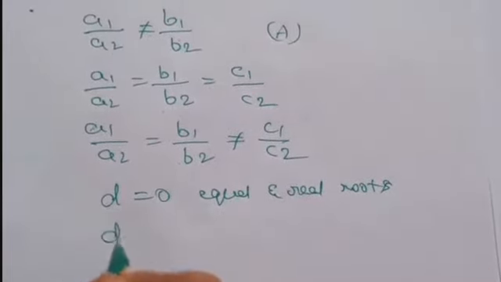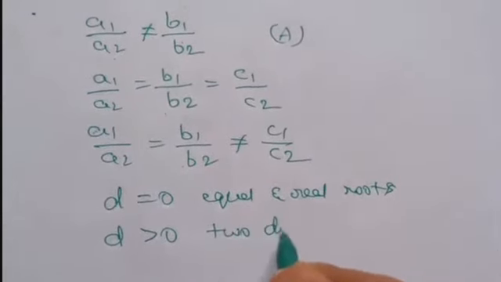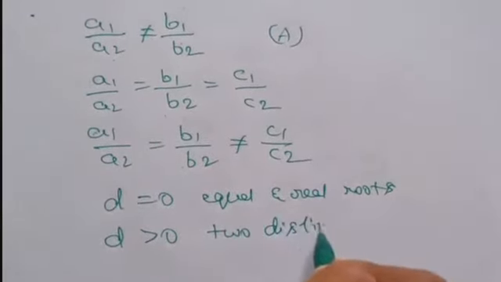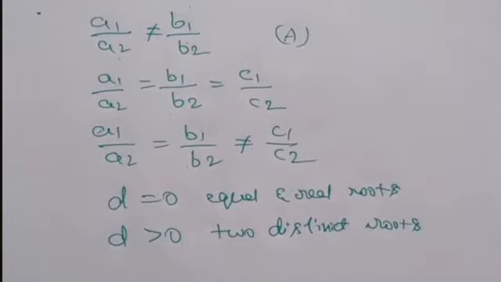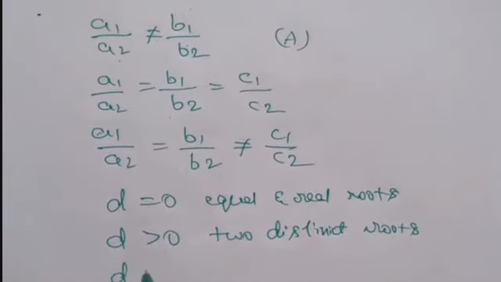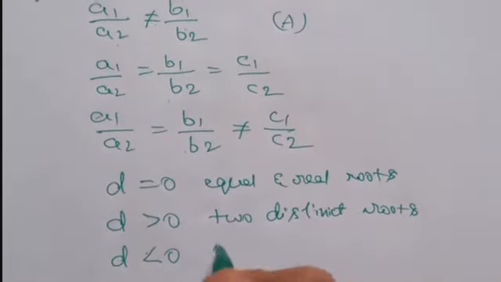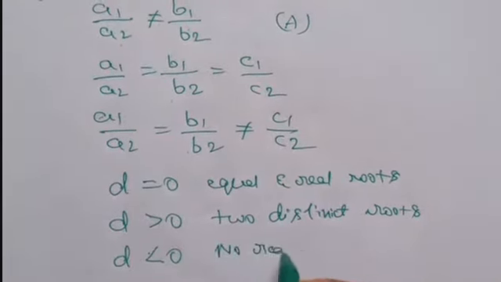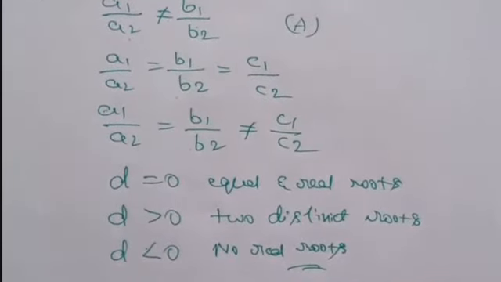If D is greater than 0, two distinct roots. Now I come to the point. If the value is lesser than 0, nothing but the minus values, then it is called no real roots. So all the minus values mean no real roots.